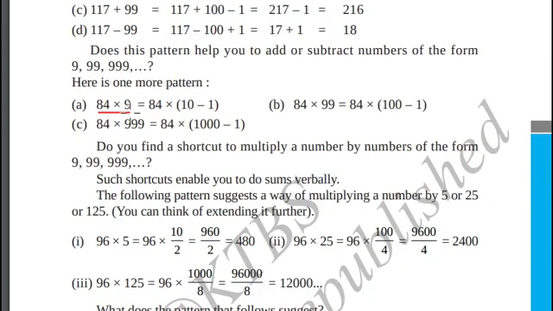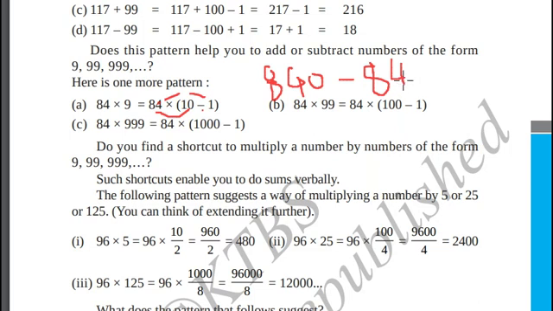Now let us multiply 84 times 9. 9 could be written as 10 minus 1. Now let us distribute the numbers. 84 times 10 is equal to 840 minus 84 times 1 is equal to 84.